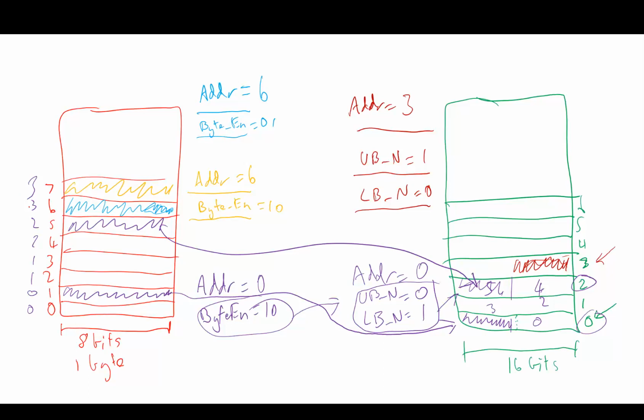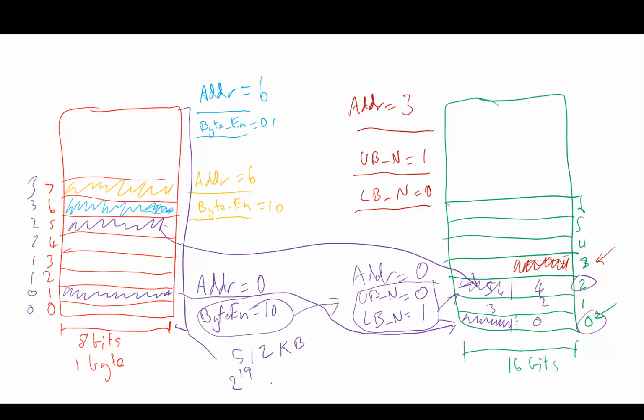Now, if this whole size here was equivalent to 512 kilobytes, and it was byte addressed, there would be 2 to the 19 addresses.